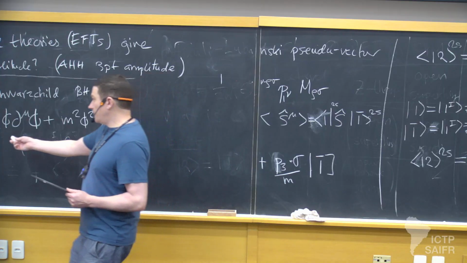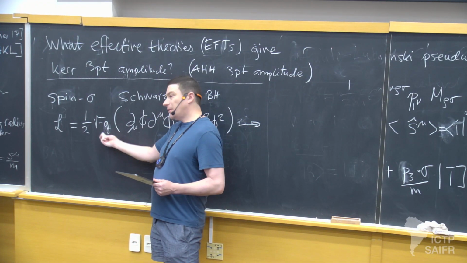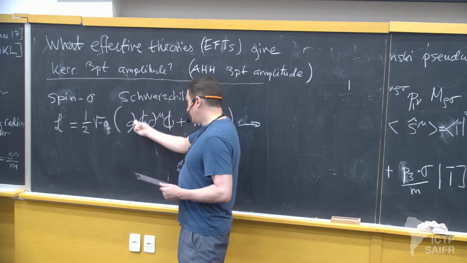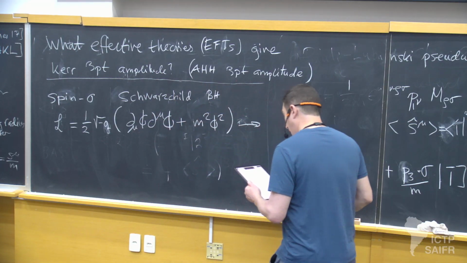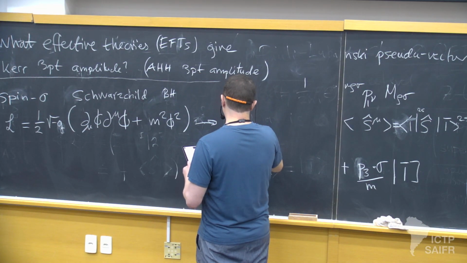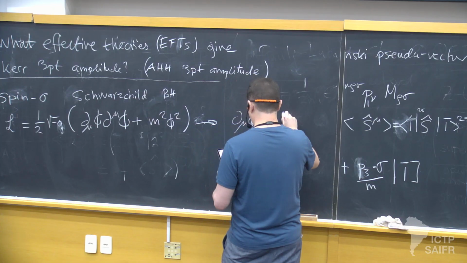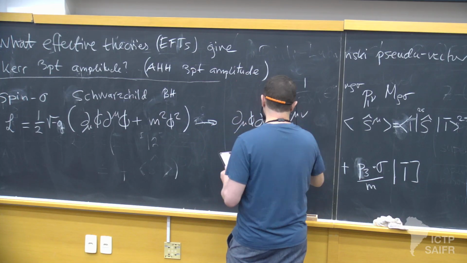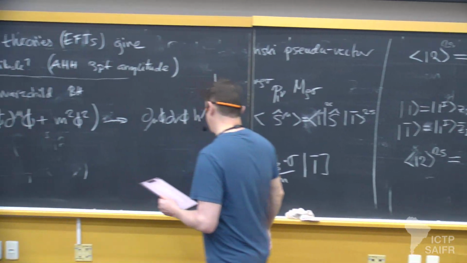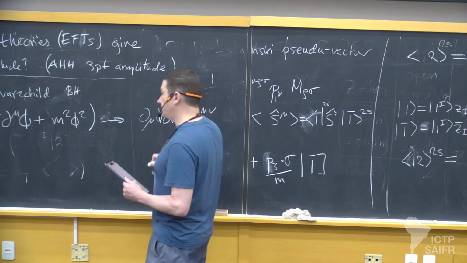There's one term coming from here that's linear in the metric, but let's forget about that one because it's not going to contribute on shell. We only need to work out the linear coupling, and that's very easy. This is just d mu phi, d nu phi, and then h mu nu, where I'm lowering and raising indices with the flat metric. That's fine. So this is basically the coupling.